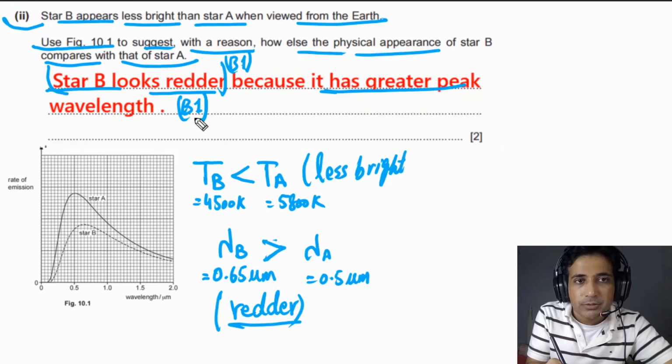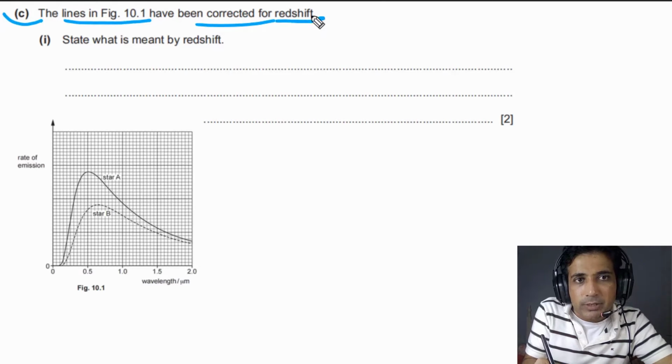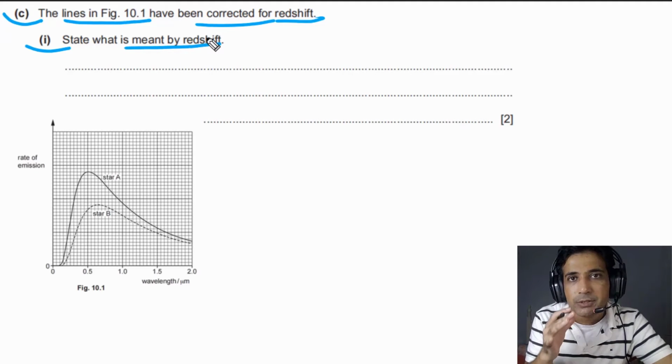For part C, it is given to us that the lines in figure 10.1 have been corrected for redshift. For part C1, we need to state what is meant by redshift. You have to be very clear about redshift because understanding of this term is very important for this topic.